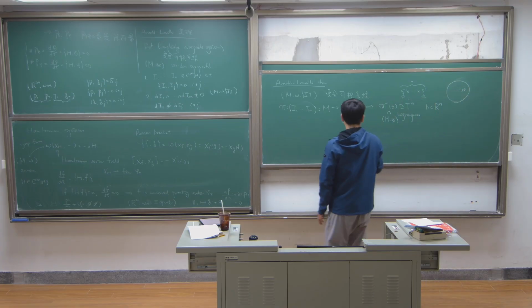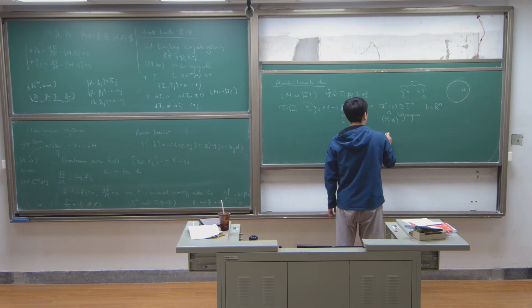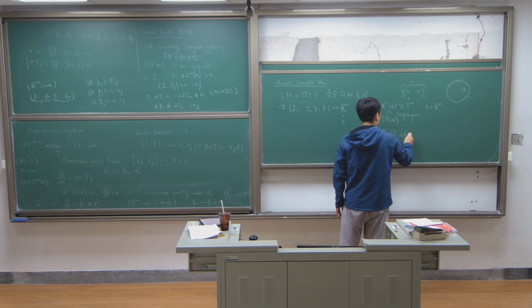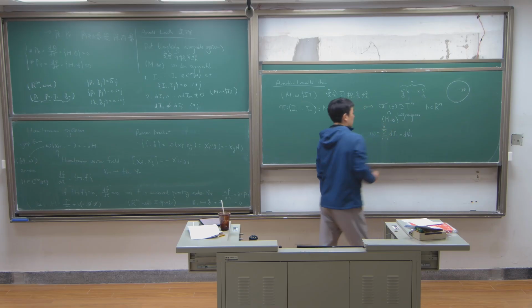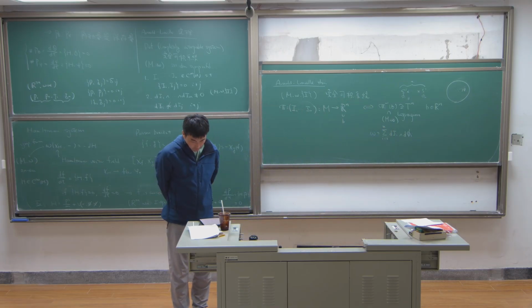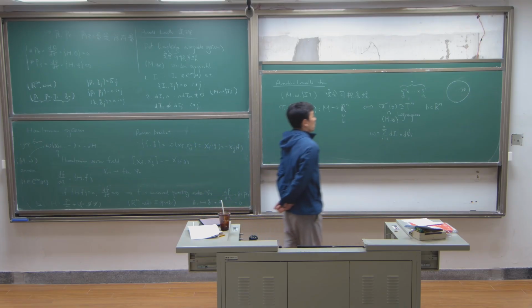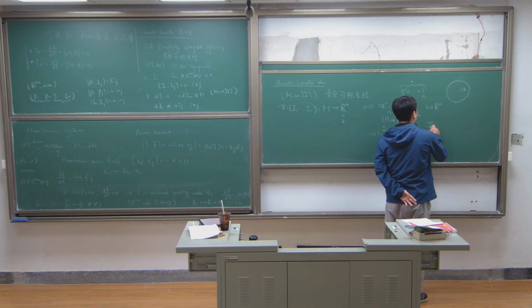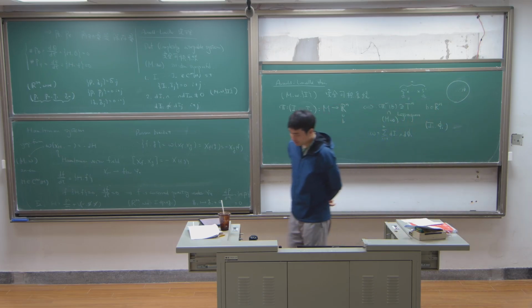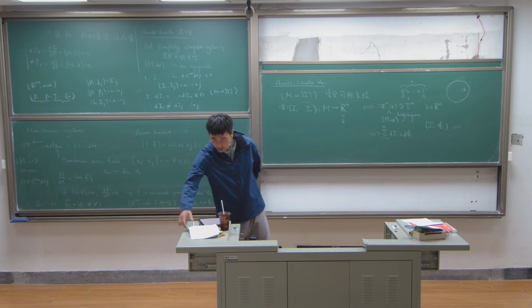Then omega can be written as a sum of dI_i wedge dphi_i, and these I_i, phi_i are called action-angle coordinates.